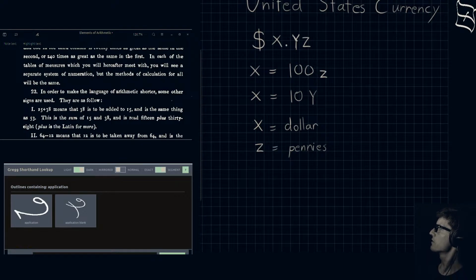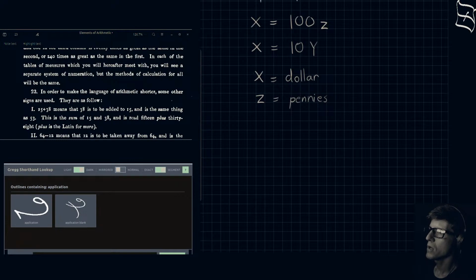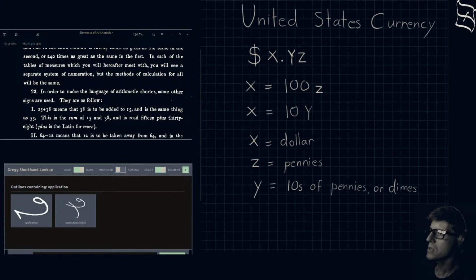It's just different variations of pennies. So therefore, Y could be dimes, right? It could be tens of pennies, or dimes. Okay? So, in this layout, X is a dollar, Z is pennies, and Y is tens of pennies or dimes.